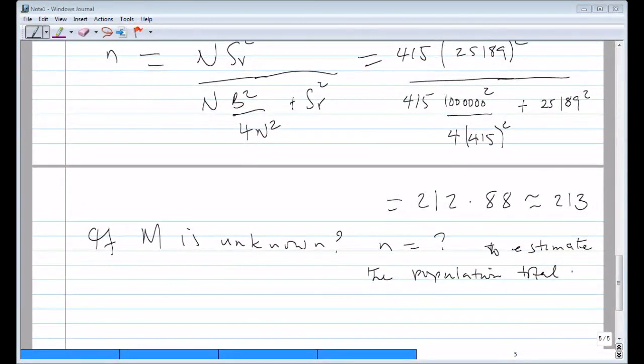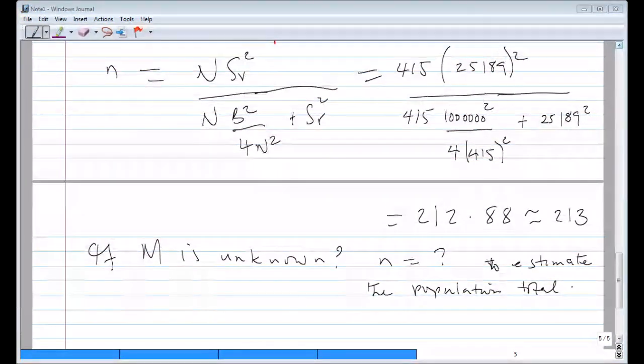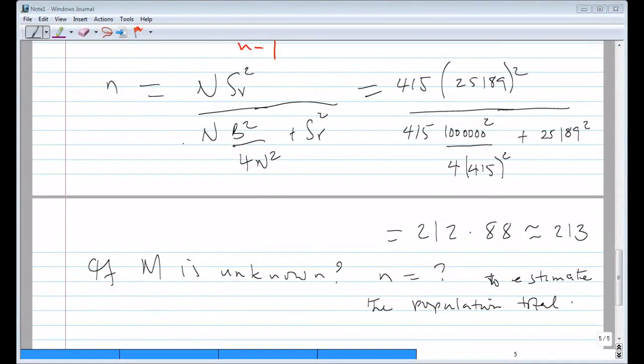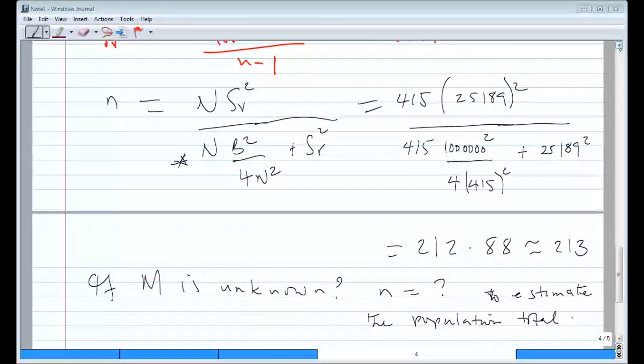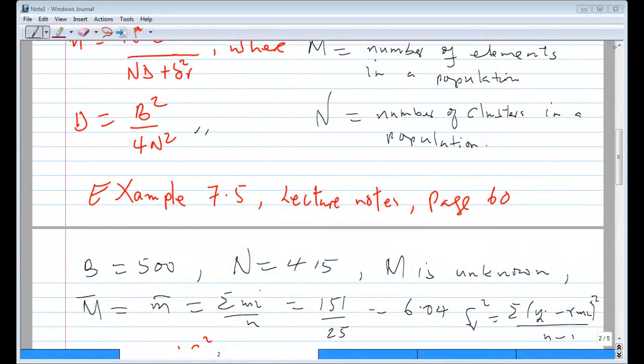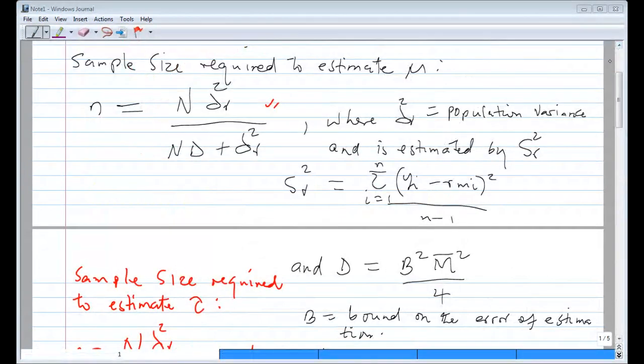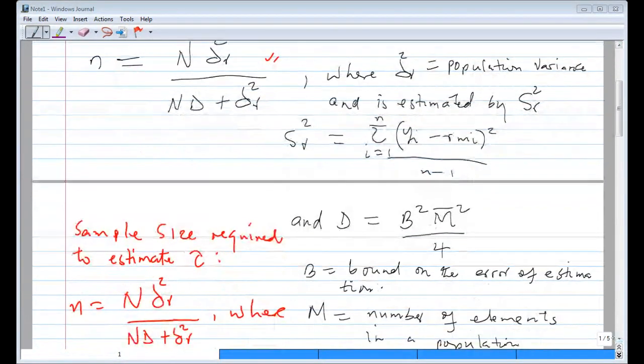Sir, you want to find the sample size, eh? I want to ask something. When M is unknown, we estimate M and we include the M on the bound. If M is there, you don't include it on the bound. Here we don't have M, as you see. Where is it? Maybe I skipped.